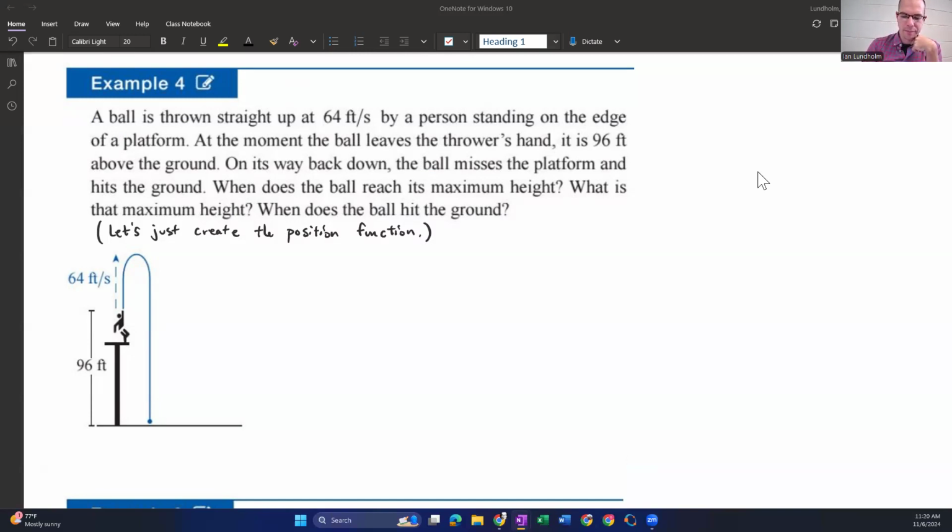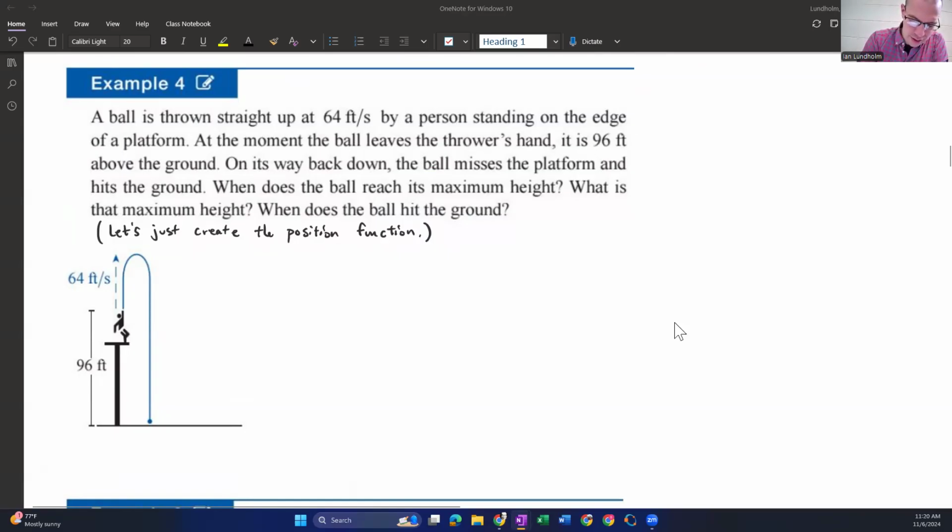That's fine. Anyways, we've got a ball thrown up. It's going up at 64 feet per second at the start. We're also standing on a platform so that as it leaves the thrower's hand, it is 96 feet above the ground. We don't have a function here. We just are giving an initial velocity and an initial position.